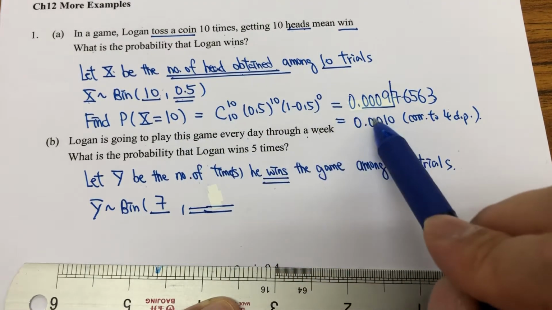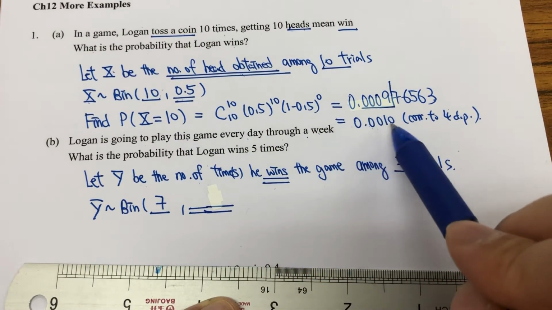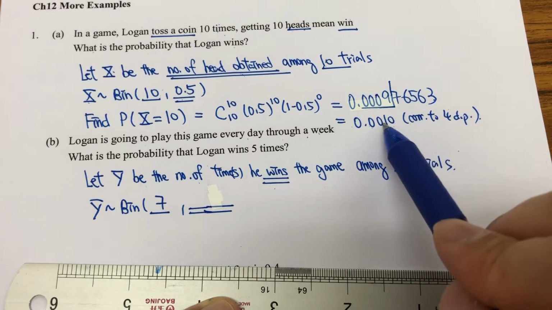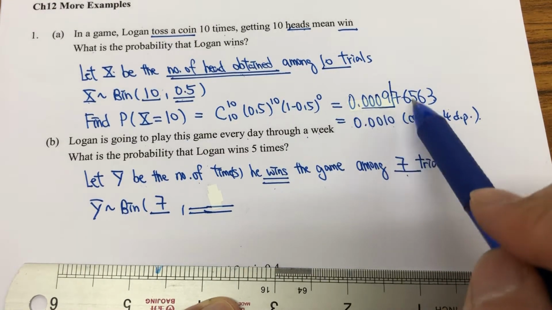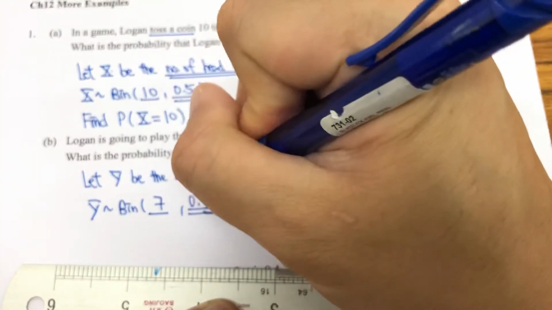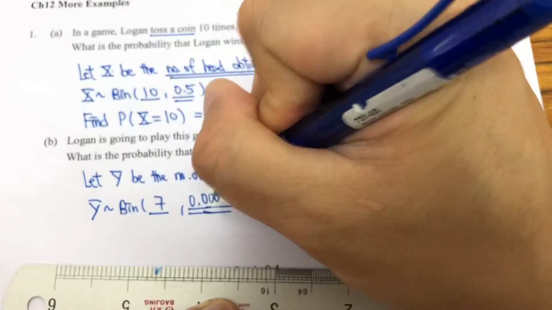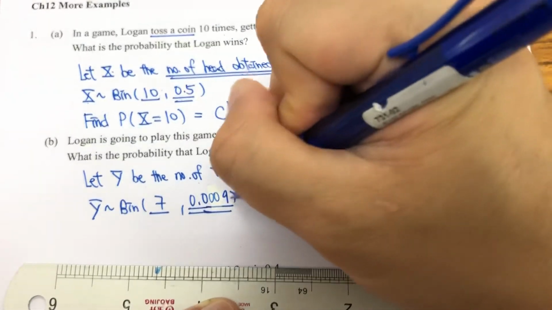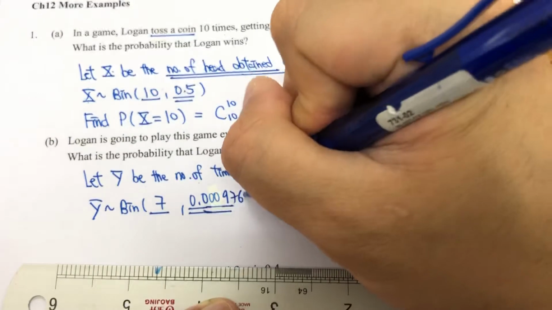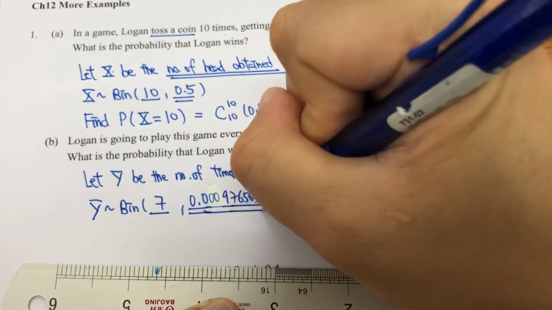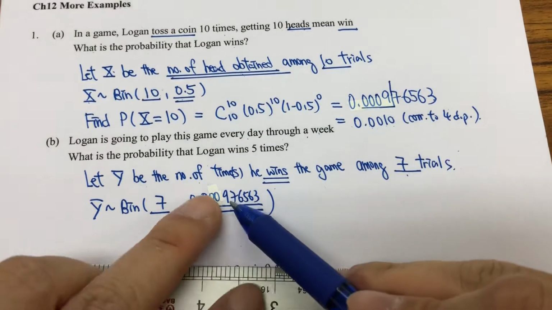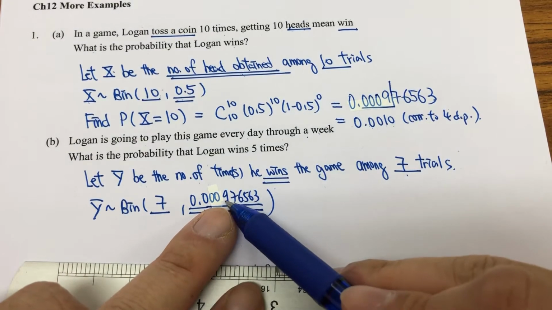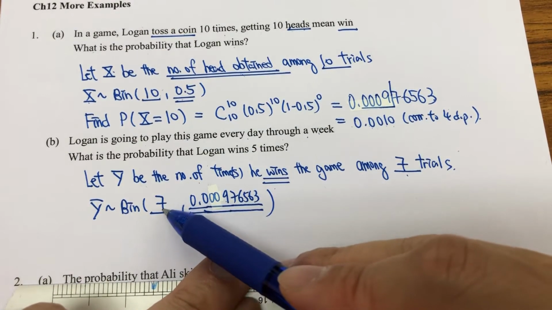And the probability is this, 0.0010. Of course, not this one, this is not accurate enough. You have to use this one, so copy this down: 0.000976563. This is the probability of success, winning a game. And he's going to play 7 times.